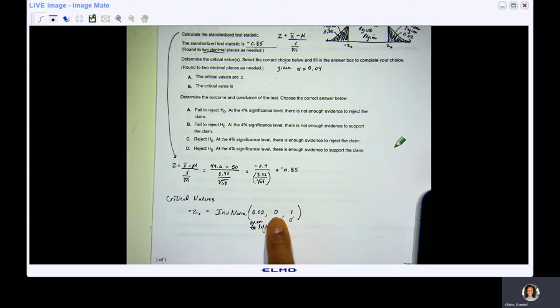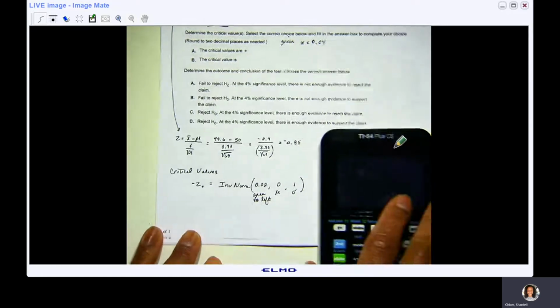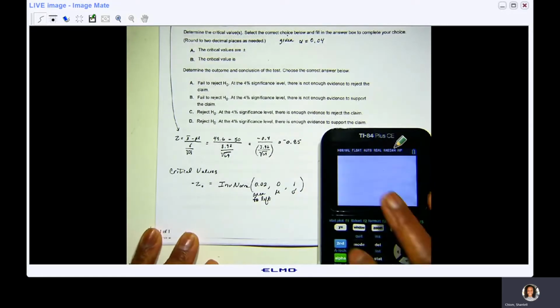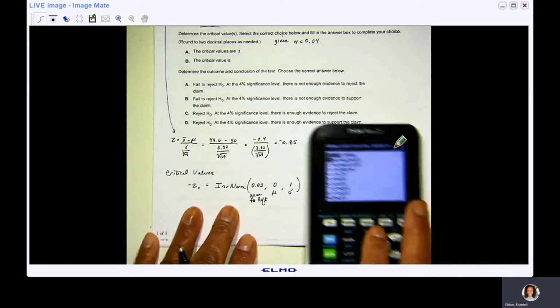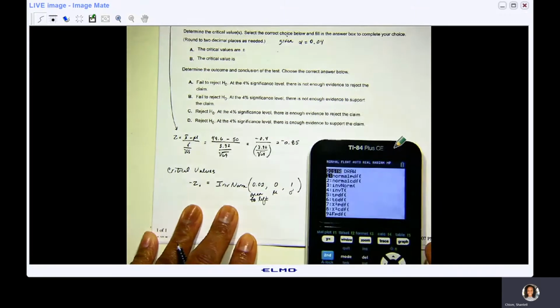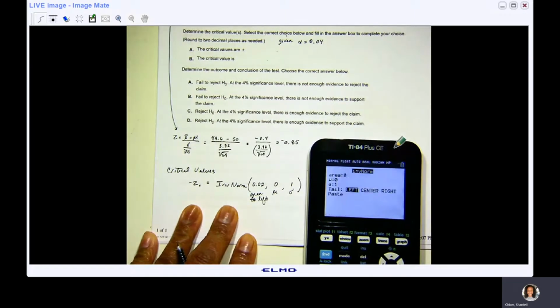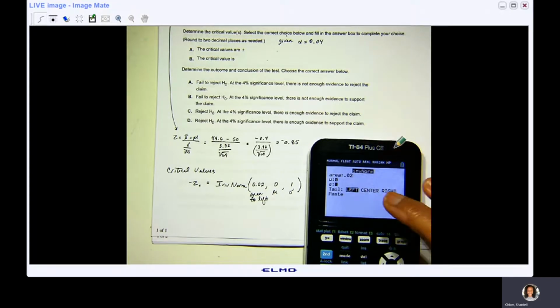So that's why we have a mean of 0 and a deviation of 1. We're talking about a critical value z-score. All right, so I'm going to use the calculator. I'm going to find inverse norm by pressing second vars. Remember, that's where all of your distributions are located. And then number 3 is inverse norm. Okay, so my area to the left is 0.02. I have a mean of 0 and a deviation of 1.